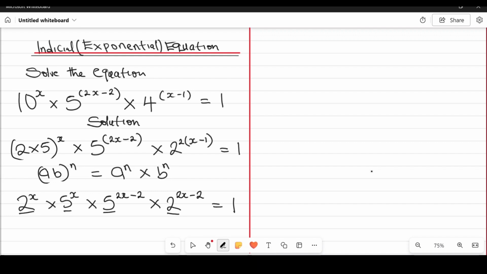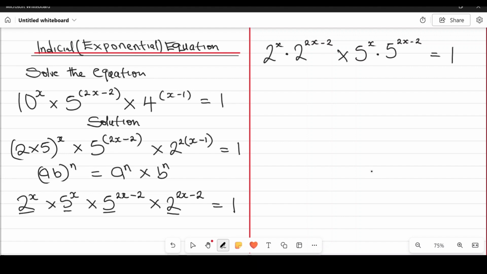So therefore, we have to apply the multiplication law of indices, which states that when we have equal bases, then we add up the powers. So at this point, I'm going to have 2 to the power of x times 2 to the power of 2x minus 2 times 5 to the power of x times 5 to the power of 2x minus 2 equal to 1.